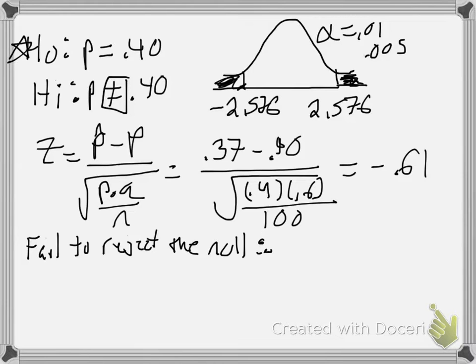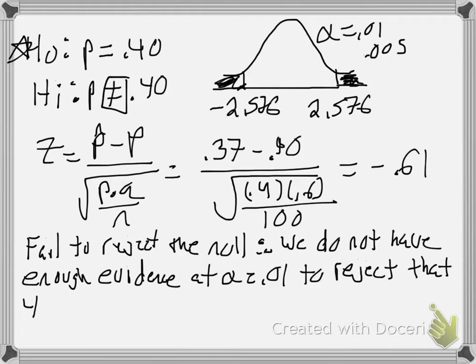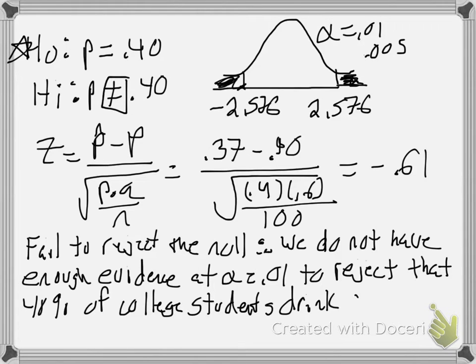Therefore, we do not have enough evidence at alpha equals 0.01 to reject that 40% of college students drink at least once a week.